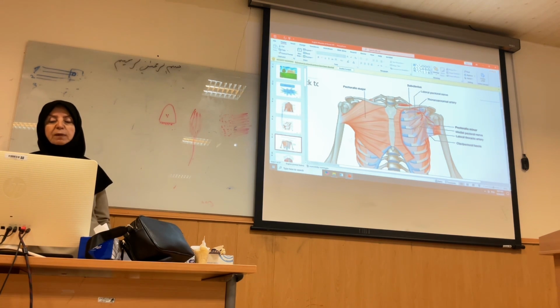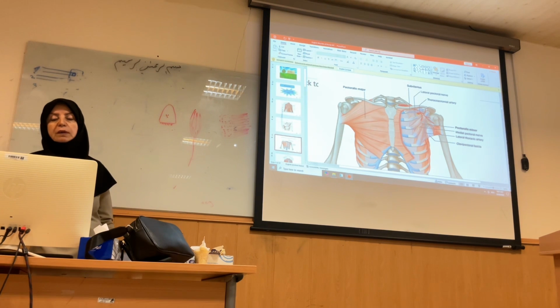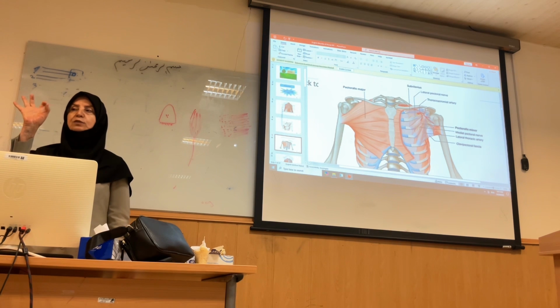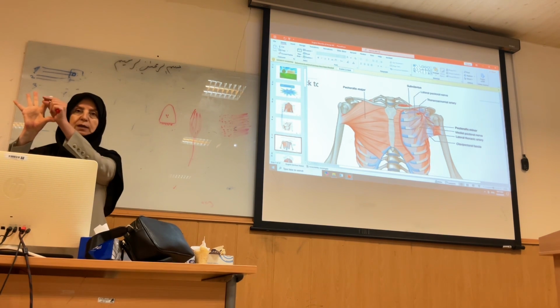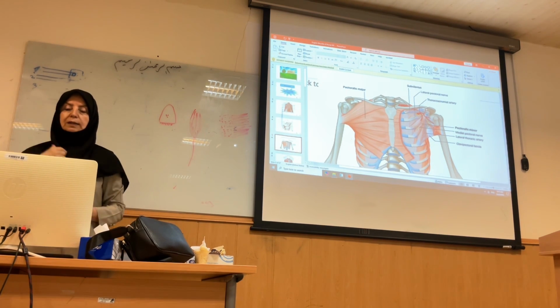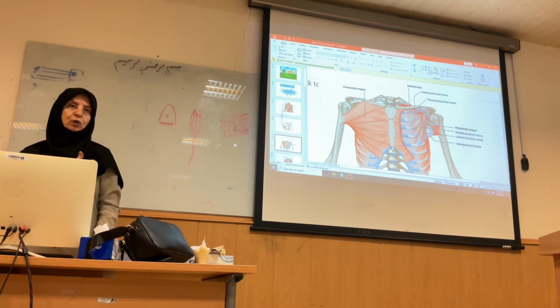The muscle fibers converge, make a tendon. This tendon of the pectoralis minor is going to attach to the scapula. Which part of the scapula? Coracoid process. It is a scapula and this coracoid process. Okay? To summarize, this muscle is going to attach to the coracoid process.